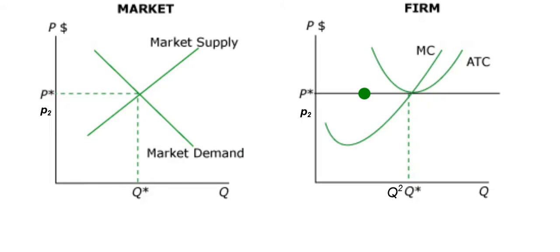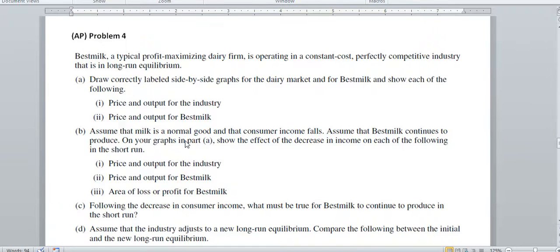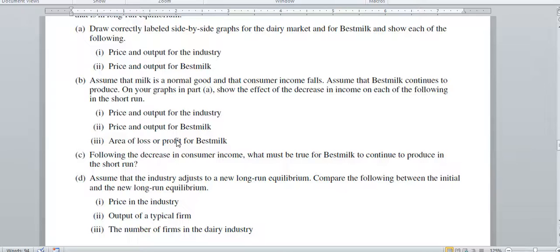Okay, let's go back. What else we got to do here? Now, part B, we're going to assume that milk is a normal good and that consumer income falls. So we know from our previous chapters that if a consumer's income goes down, they're going to consume less of a normal good and more of an inferior good, but certainly less of a normal good.